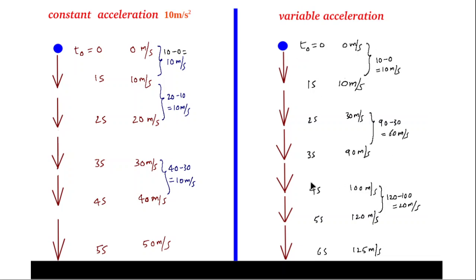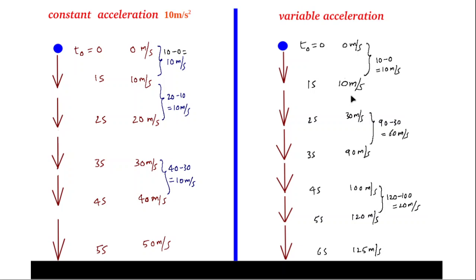But in the other 1 second interval, 4 seconds to 5 seconds, the velocity increment is 20 meters per second. In other words, in variable acceleration you will find the velocity increases by different amounts in 1 second intervals. For various 1 second intervals, the velocity increases by different amounts.